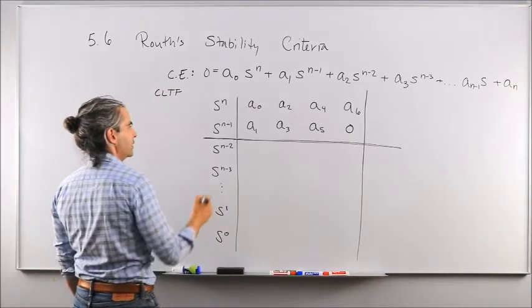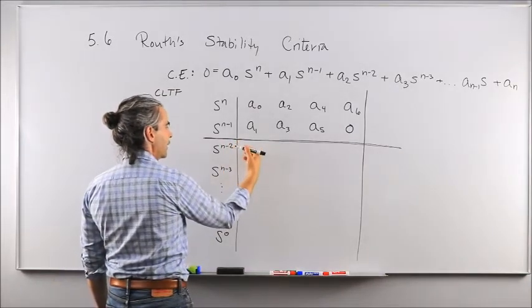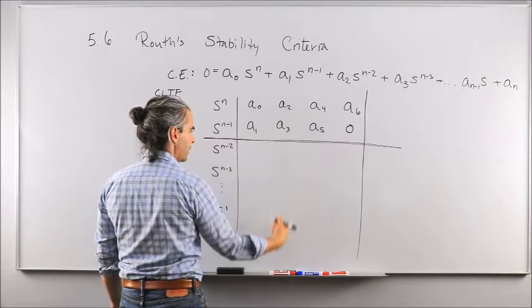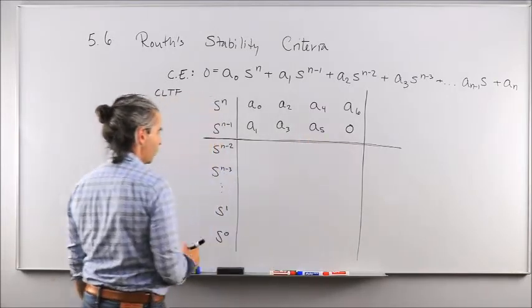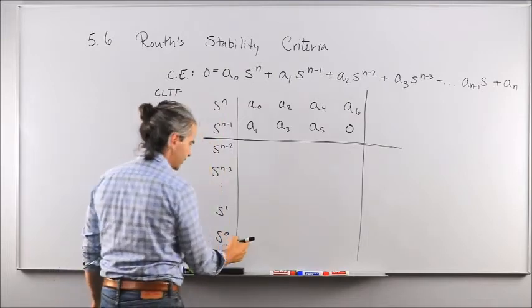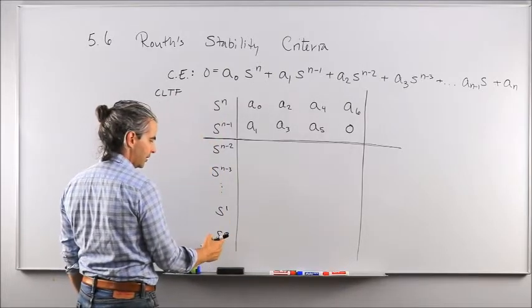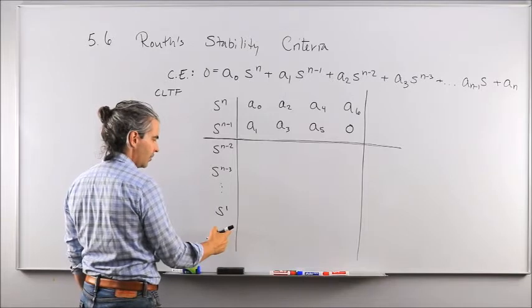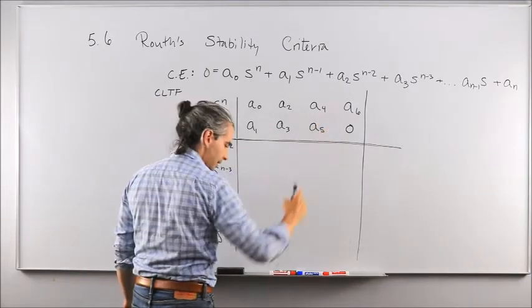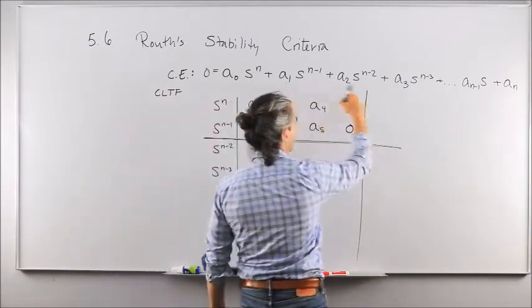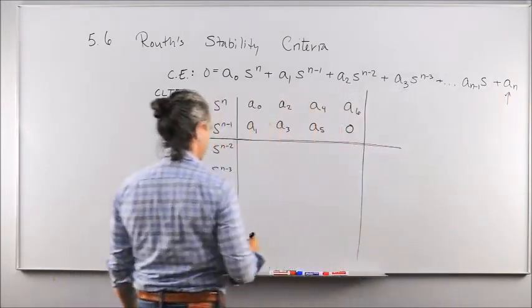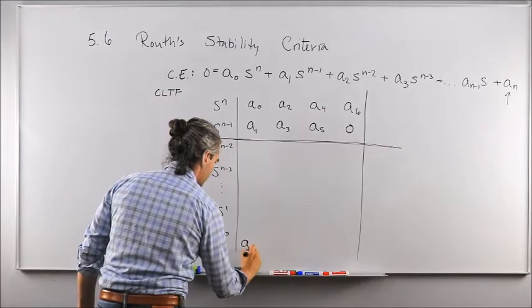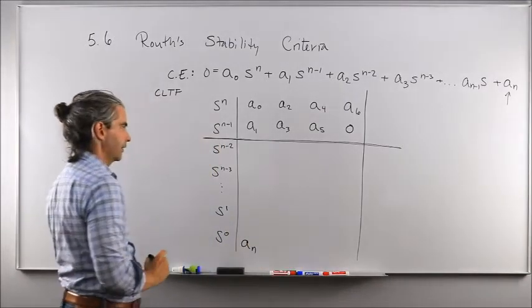Now the question is, how can you then calculate the remaining elements of the Routh array? Well, the very last element that is going to be placed next to the s to the power 0 will always be the last coefficient in the characteristic equation, which is your An. Okay? You can write it down there directly.